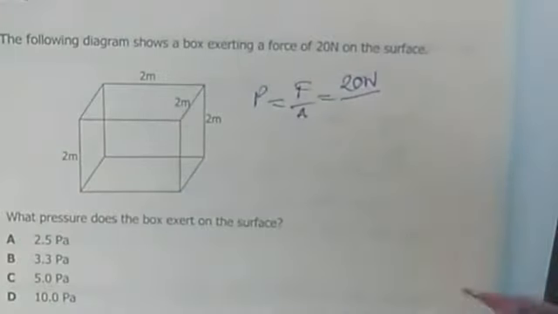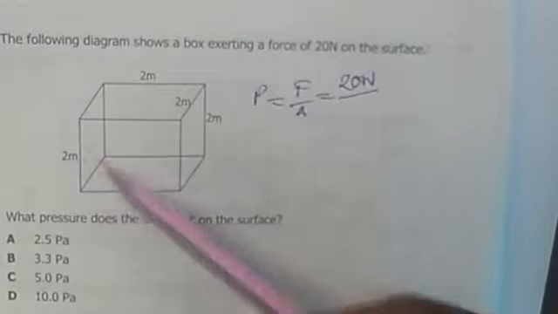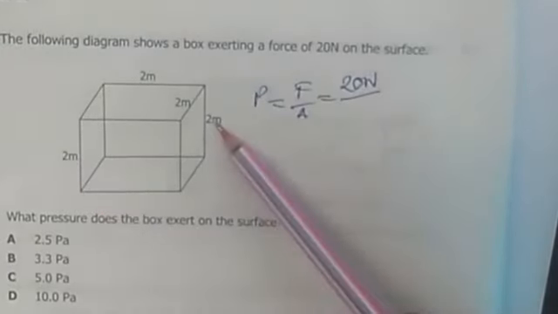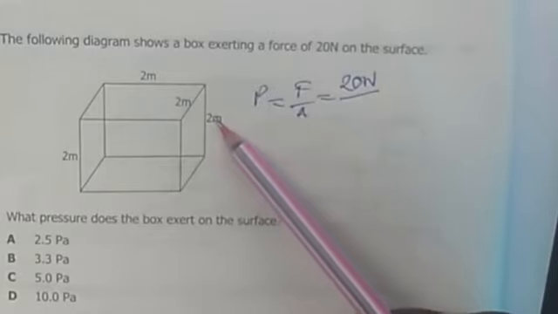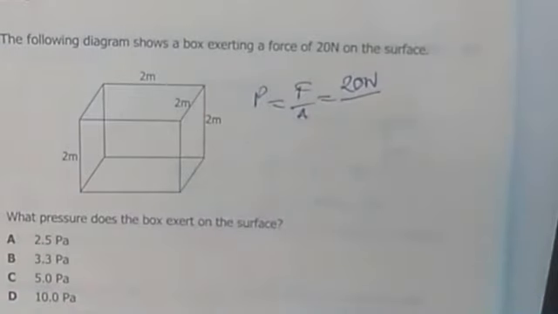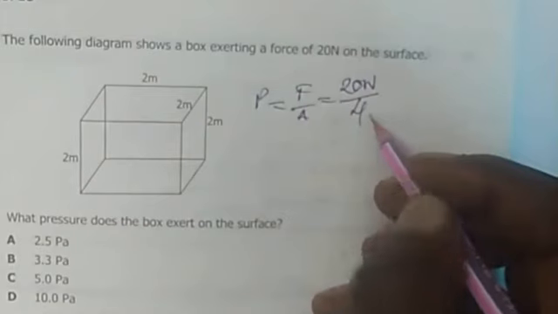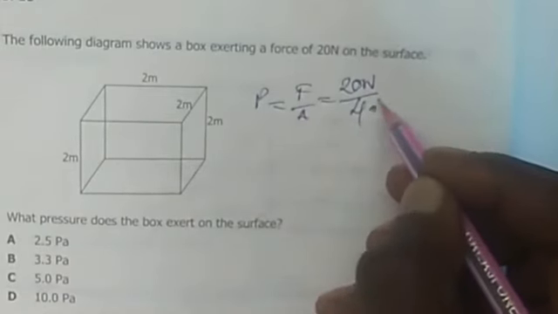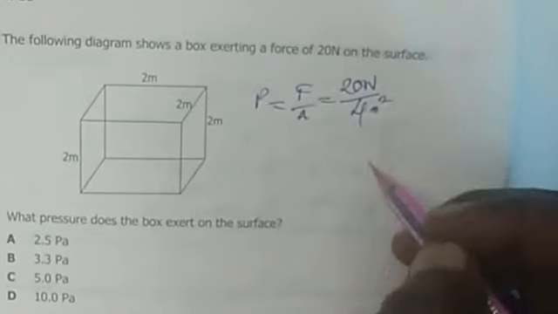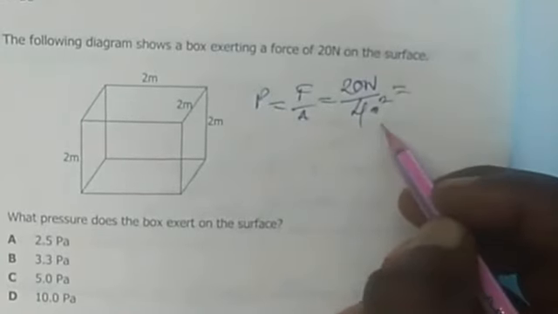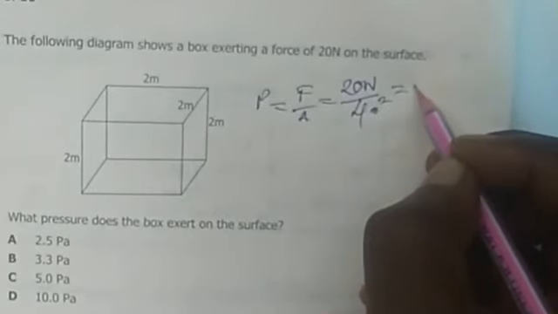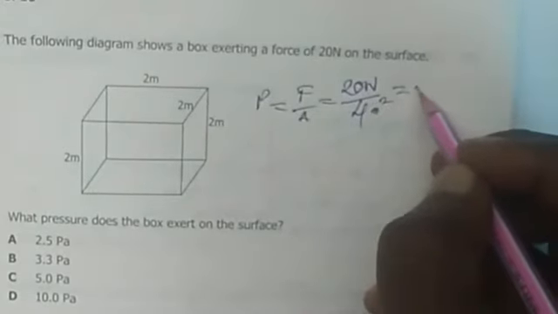To calculate the area, not the volume, but the area, this is the cuboid, so we're going to calculate 2 by 2, which will give us 4. So we divide by 4 meters squared, and this gives us the pressure, which is 20 divided by 4, that is 5.